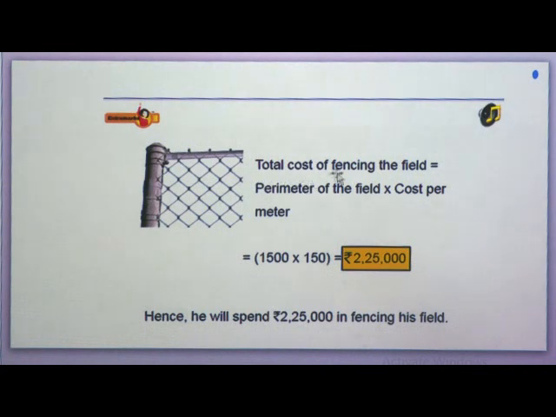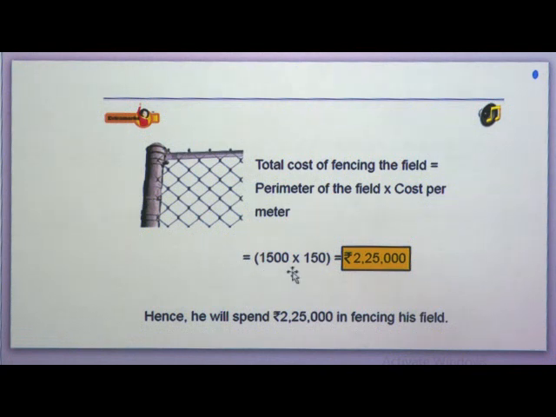So, the total cost of fencing the field is equal to the perimeter of the field multiplied by the cost per meter, which is already given to us. What is the cost per meter? It is 150 rupees. What was the perimeter we found? It was 1500.